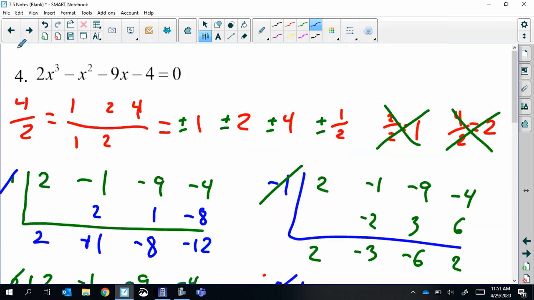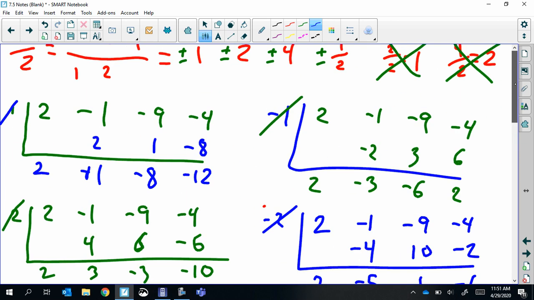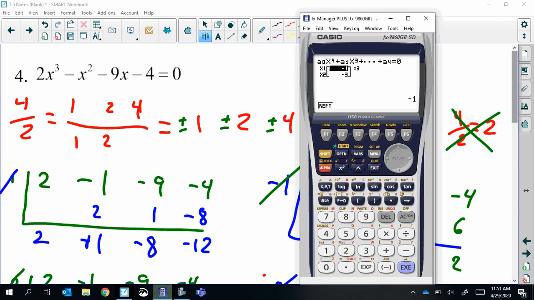Even this next example here, if we type it in, let's type it in first. So this is a degree 3. And then you type in the coefficients. 2, negative 1, negative 9, negative 4. And then solve.